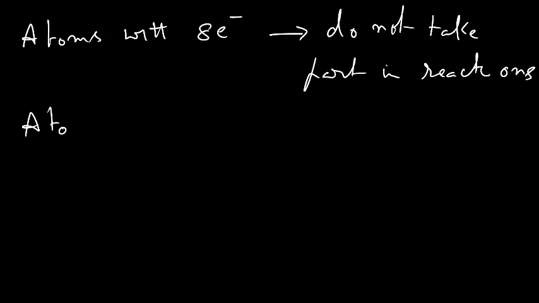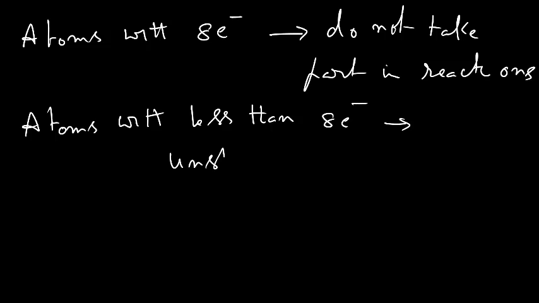Whereas atoms with less than 8 electrons are unstable. Unstable means they have high energy. In order to decrease their energy, note the relation between energy and stability: the greater the energy, the less the stability, and vice versa.